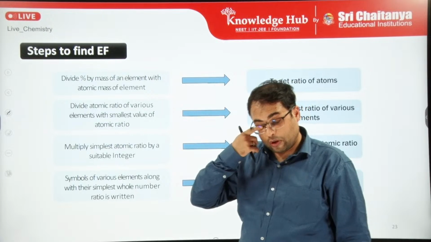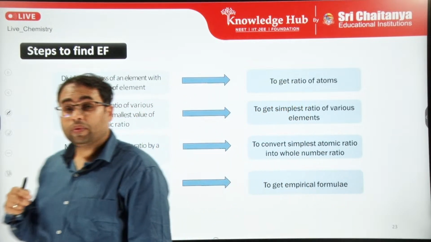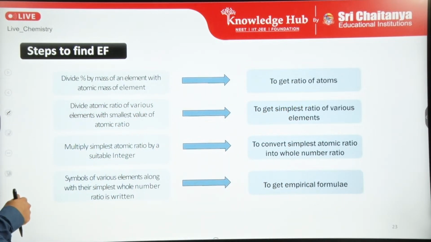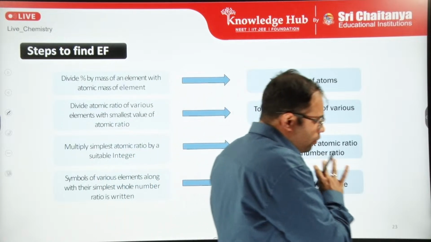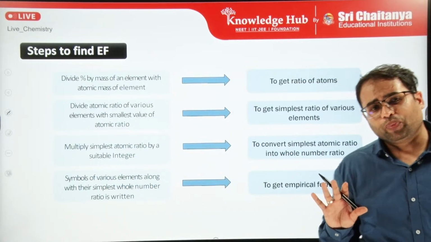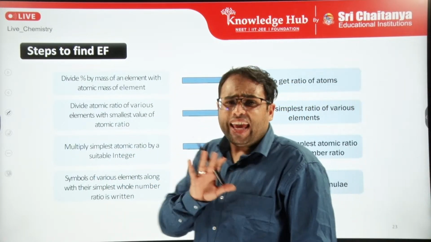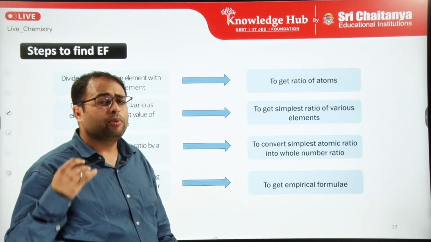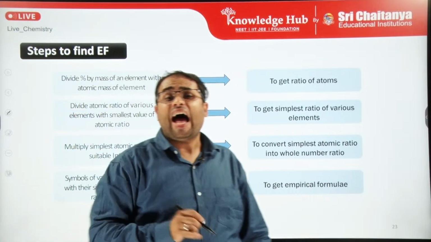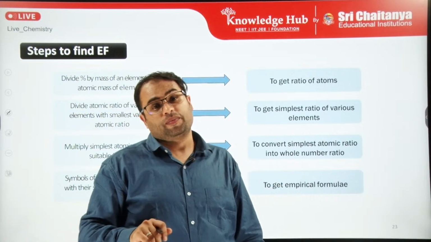Right. Now here I have summarized some of the steps to find the empirical formula. These steps right now will seem a little alien to you. You won't be able to understand what these steps are talking about, but these things will become clearer as we move towards questions, right?